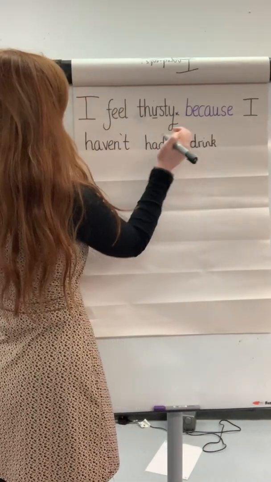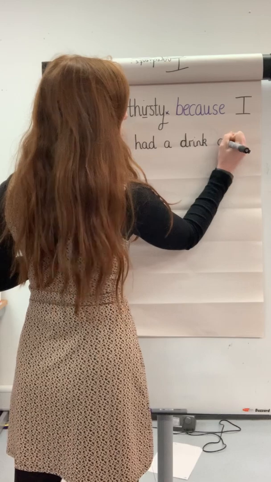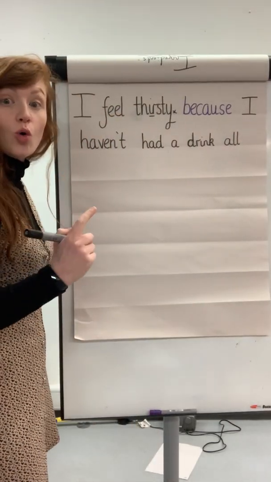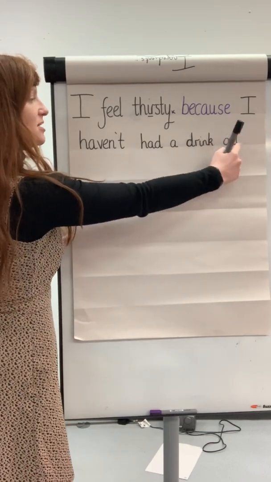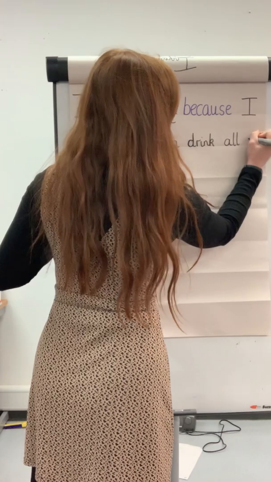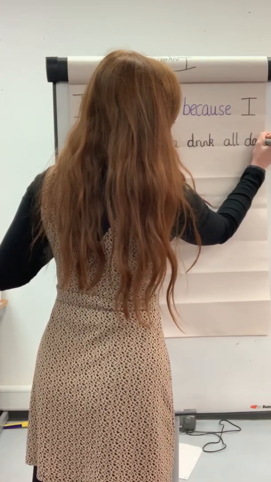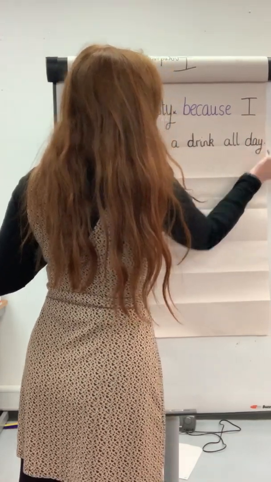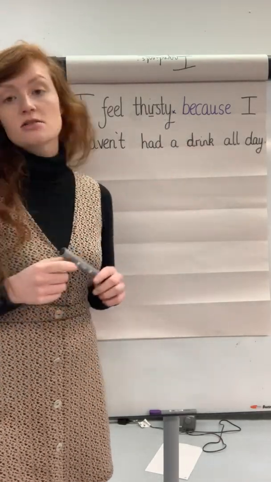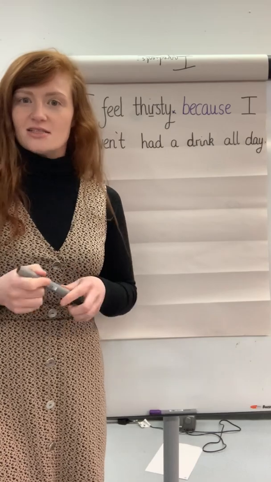I feel thirsty because I haven't had a drink, or, that's one of our common exception words, that A and L making or instead of what it would usually make, which is at or. I feel thirsty because I haven't had a drink all day. And at the end of that sentence, I need a full stop. So see whether you can extend that sentence using the conjunction because, and you might have several sentences that you could write.